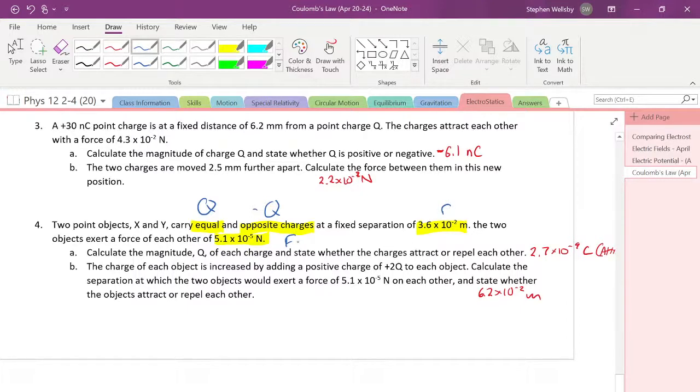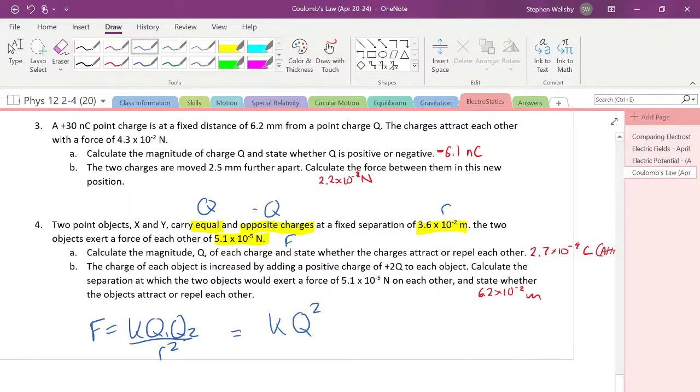So if we want to solve for the magnitude Q, our formula for Coulomb's law is F equals K Q1 Q2 over R squared. In this case, the only thing we don't know is the Q. So I'm going to rewrite this as K Q squared over R squared.